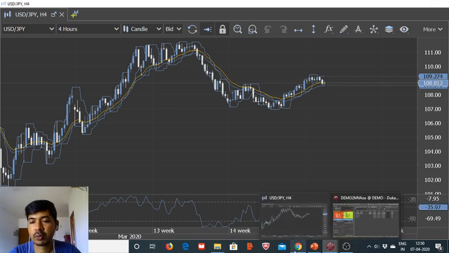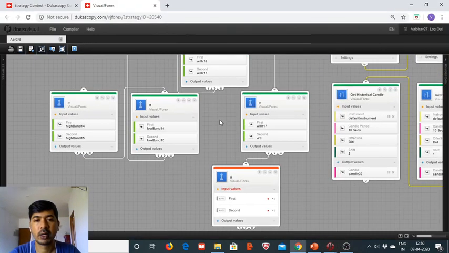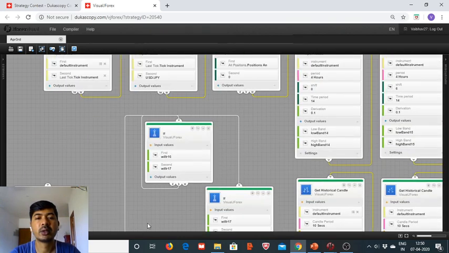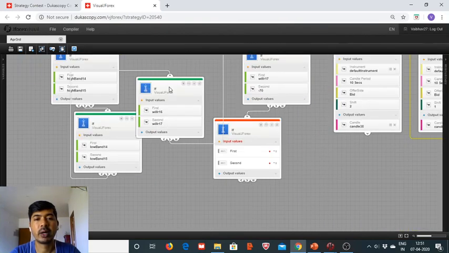Coming to the setup, we have defined these conditions. Now let us add to the buy side.